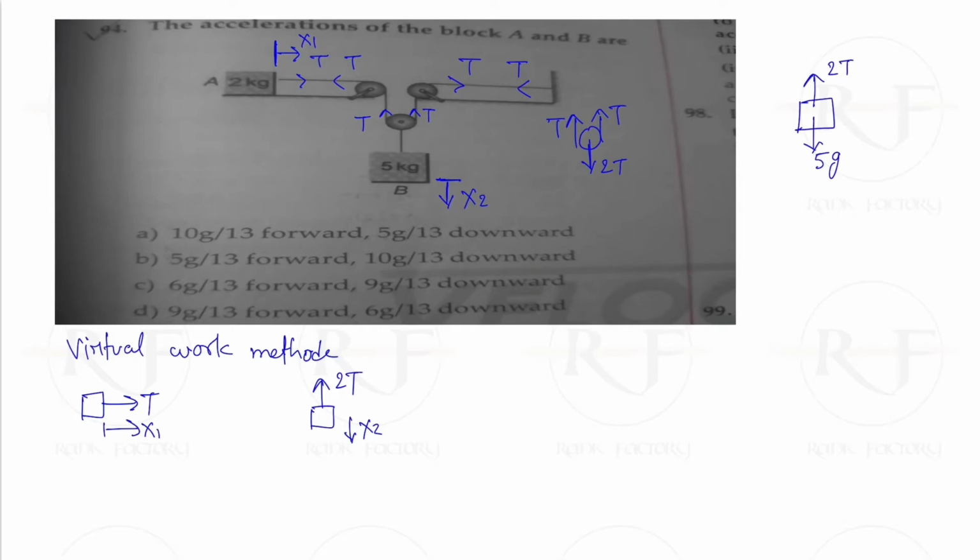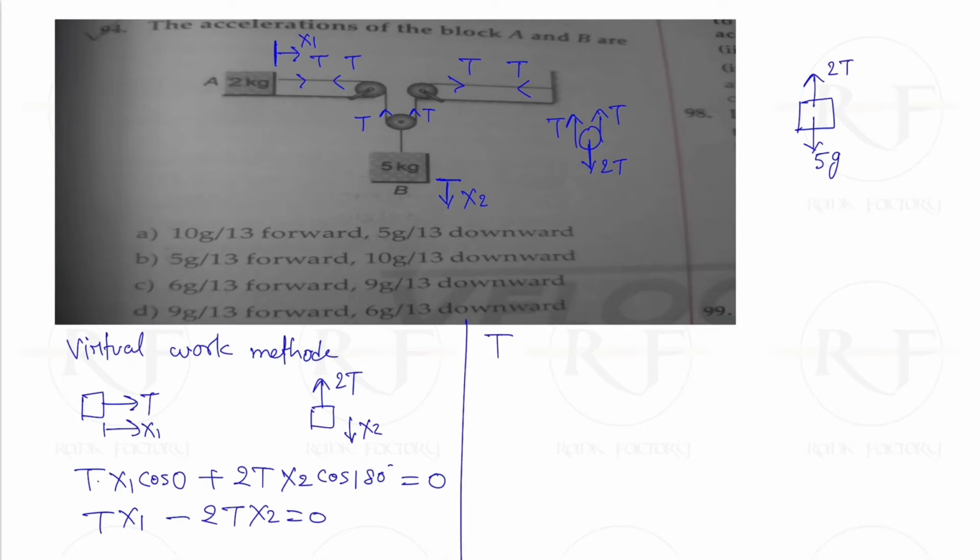So work done by the first tension is T into x1 cos 0 degree plus 2T into x2 cos 180 degree, because tension and the displacement are in opposite directions, and the sum must be 0. So Tx1 minus 2Tx2 will be 0.